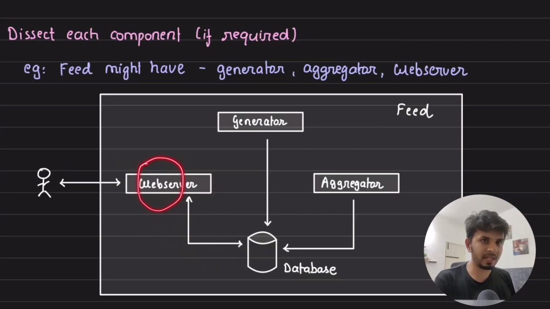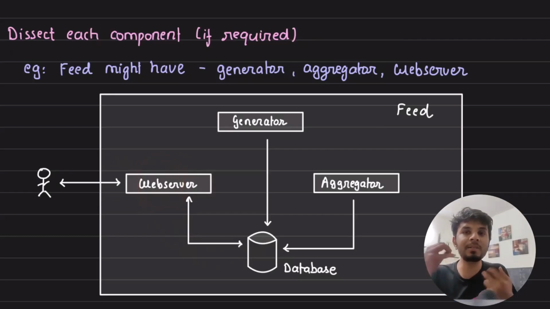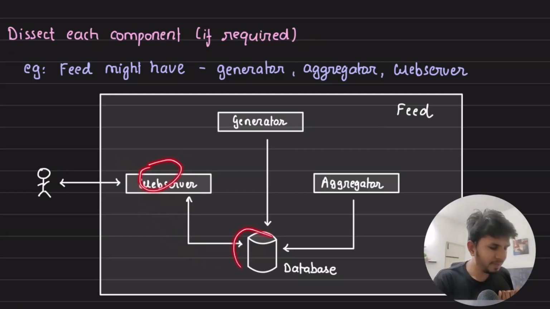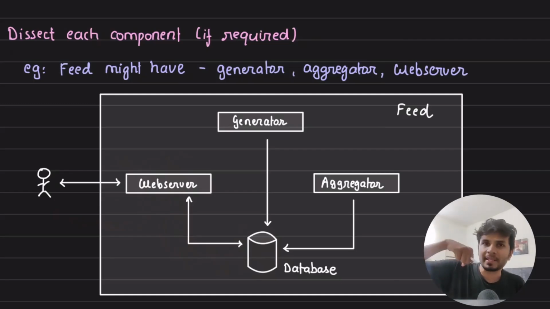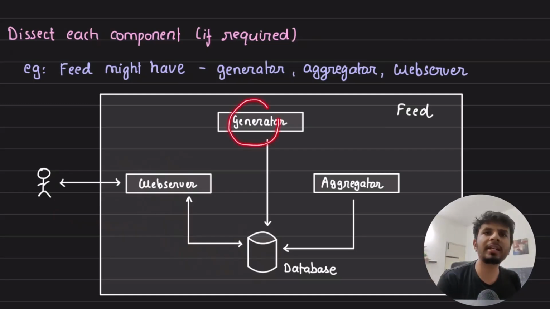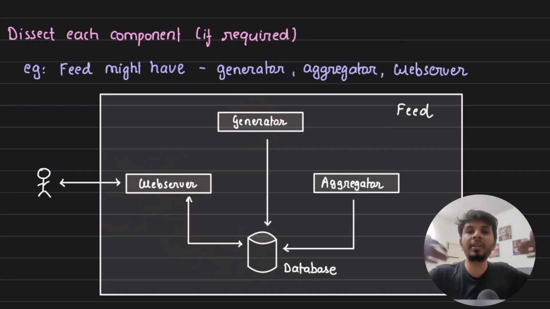So you need a web server. We are still not designing it, but we are just breaking it into smaller, quote unquote, subcomponents if we require, right? So we need a web server, we need a database. But now if you think about it, we just solved the reading part of it. What about who would write into that database? So you need a generator who is generating the feed for you.